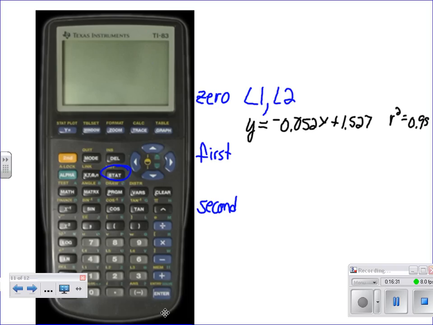You need to do the same thing. Remember, with zero order, we're looking at time and concentration. For your first order, you want to look at time versus the natural log of A, so this is going to be comparing L1 to L3. Again, you hit your stat button, scroll to calculate, go down to linear regression, but don't hit it twice.